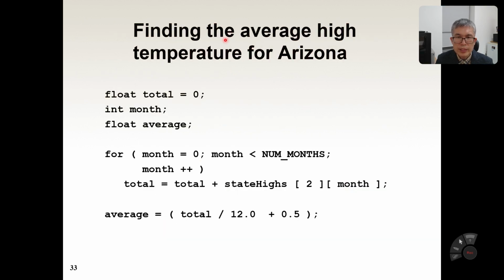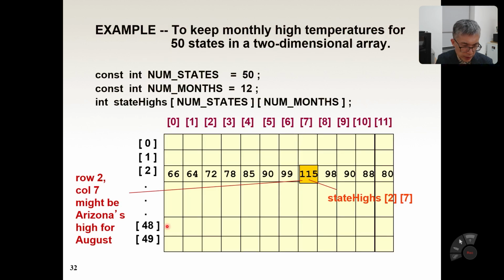Finding the average high temperature for Arizona: in the Arizona case, the row is 2 and the column varies, right? So we pick this row and iterate over the column index, and then we can find the greatest number.